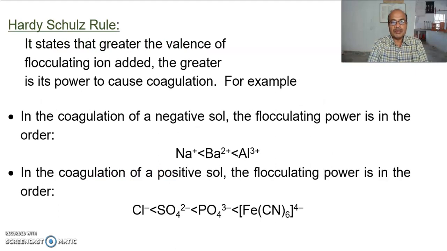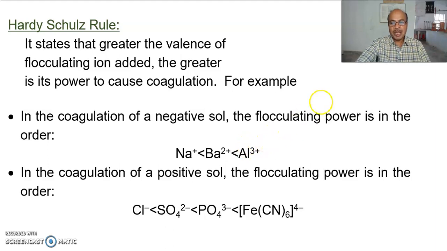Hardy-Schulze rule states that the greater the valency of the flocculating ion added, the greater is its power to cause coagulation. For example, in the coagulation of negatively charged sol, the flocculating power is in the order: Now these are the positive ions, and as we have already learned, the positive ions cause the precipitation of negatively charged sol. Among these positive ions, the one which has higher charge causes greater coagulation.